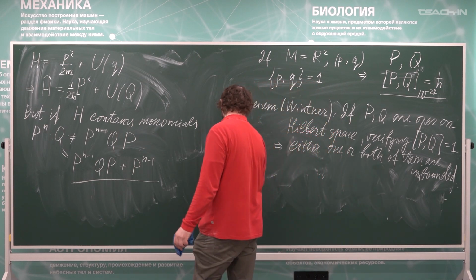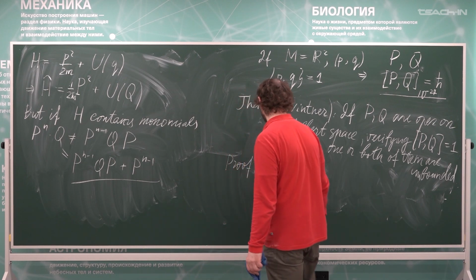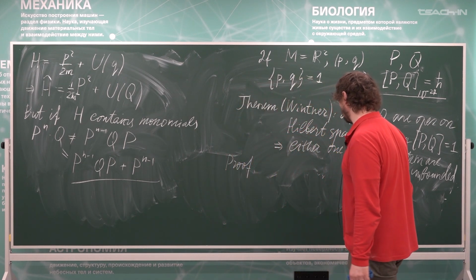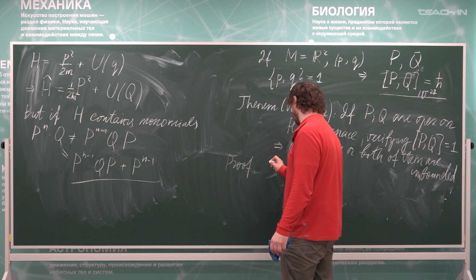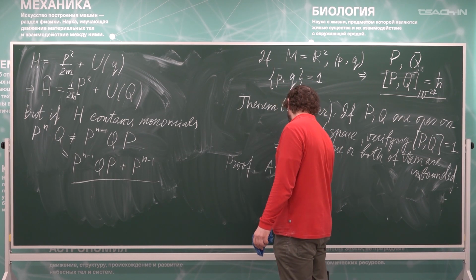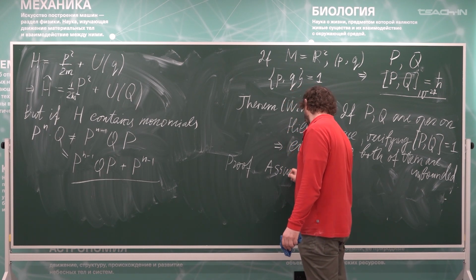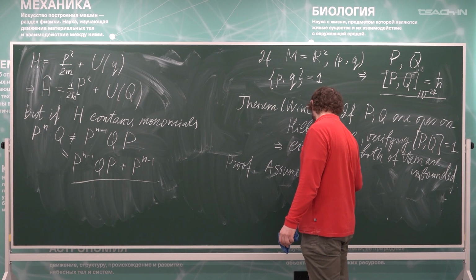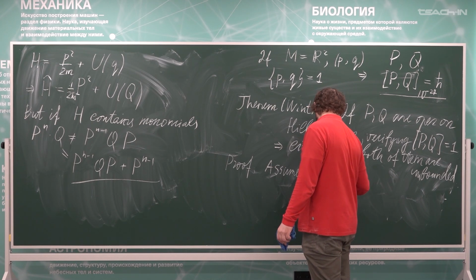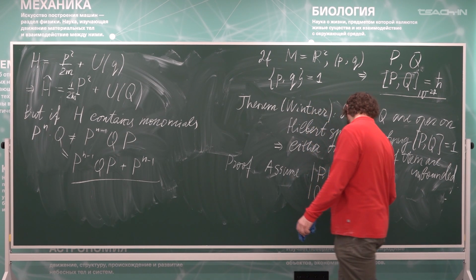The proof is very simple, in fact. We assume that the opposite is true, that is to say both P and Q are bounded, and hence they have some norm. For instance, the norm of P is equal to x and the norm of Q is equal to y. Both are finite.